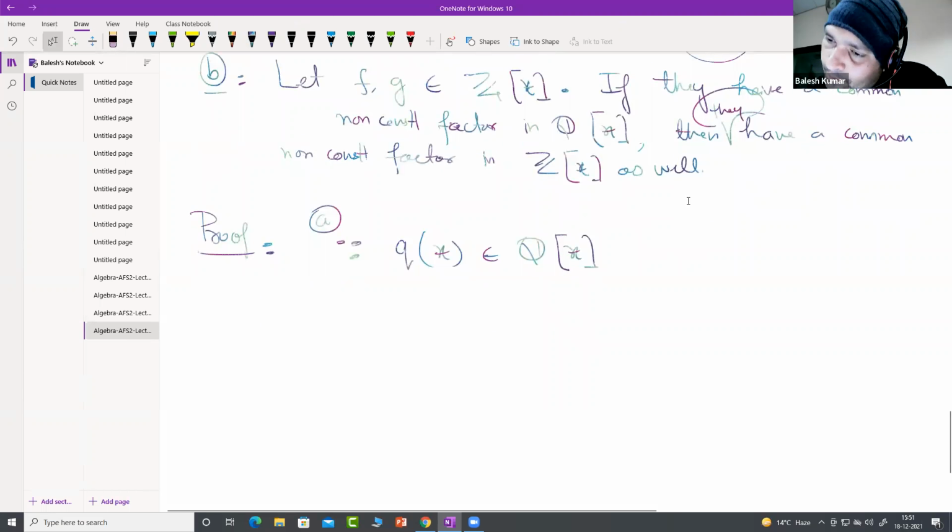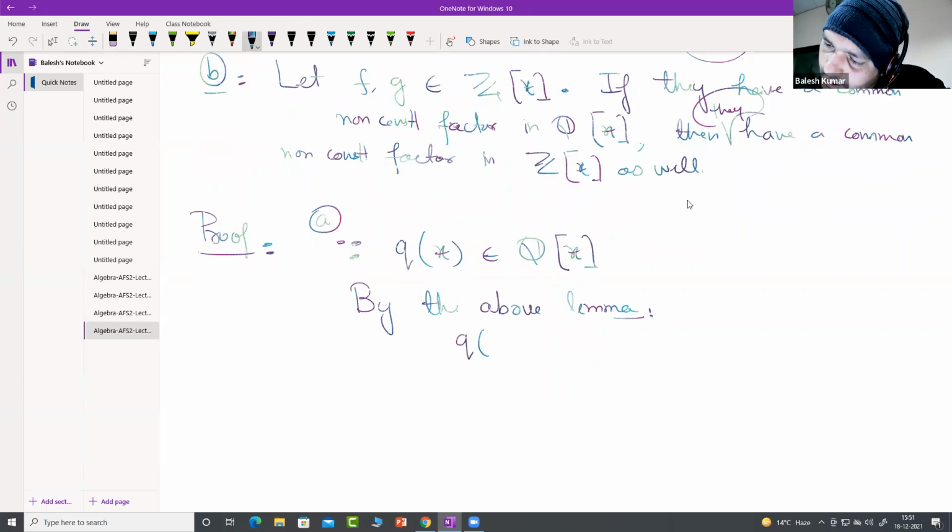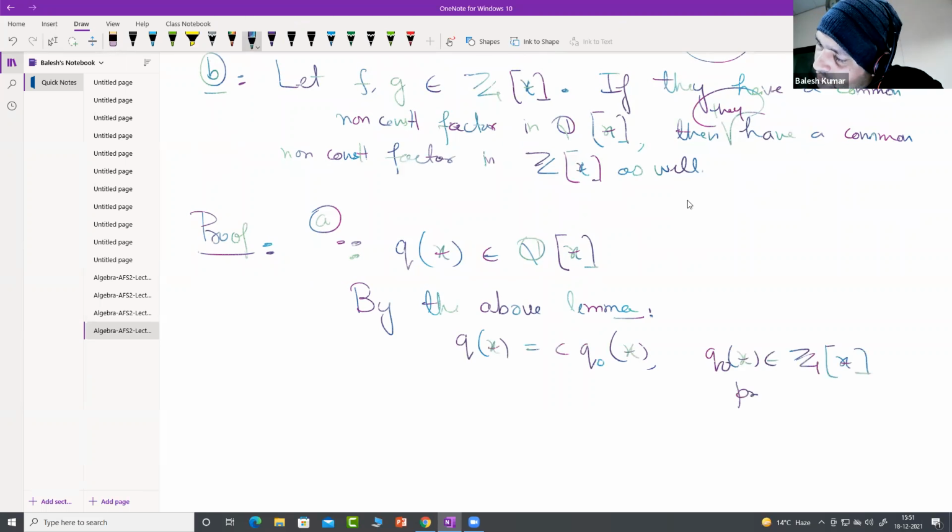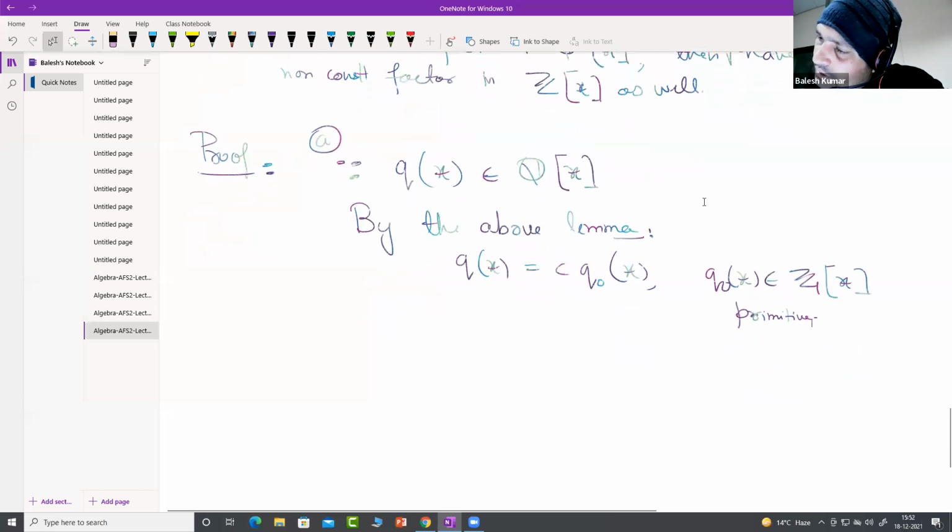By the above lemma, q of x is equal to some constant C times q0 of x, where q0 is an integer polynomial which is primitive, and C is of course a priori a rational number.